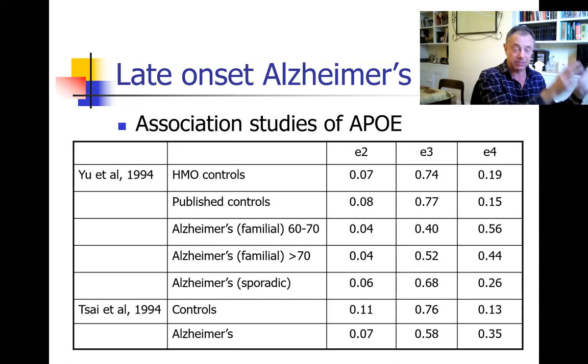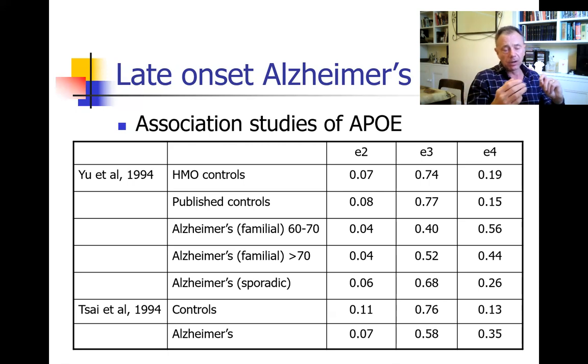There's almost no exceptions from these candidate gene studies, because they were done on small samples that would only predict big effects, and all those big effects were due to chance. The big effects don't happen in biology because of selection and what have you. So this is a very unique situation where you have a common variant with a big effect on risk.